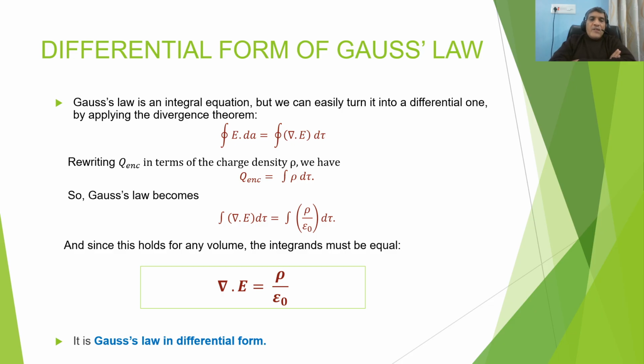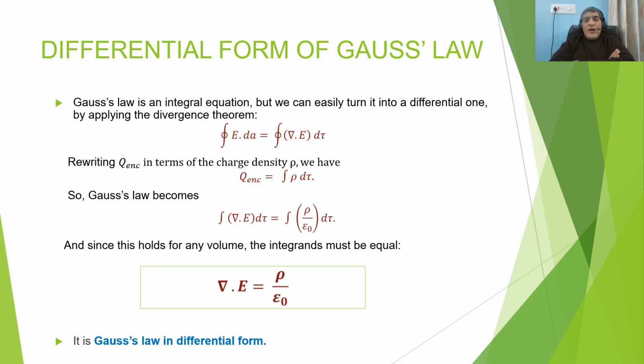The first line of the Gauss law is an integral equation, but we can easily turn it into a differential form by applying the divergence theorem. We have phi E equal to Q enclosed upon epsilon naught, or E dot dA equal to Q enclosed upon epsilon naught.